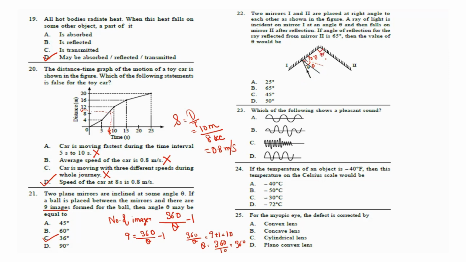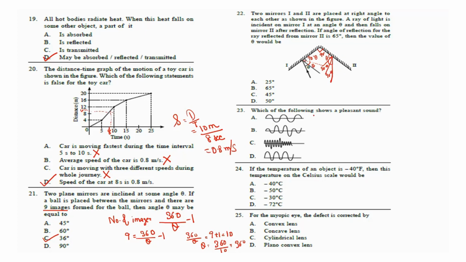And this angle is 90 degrees. Same thing, here the reflected ray becomes the incident ray for this mirror, correct? So if this is the incident ray, then this angle is theta, right? If we draw a normal here, so this angle is 90 minus theta. And this angle is also 90 minus theta, right?